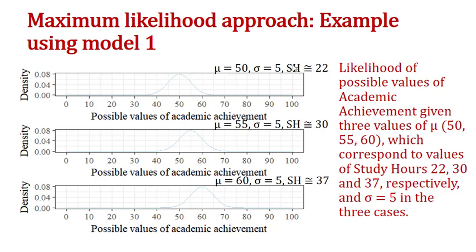So basically, based on the parameter estimation, the best values for parameters beta 0 and beta 1, a value of study hours 22 would give a prediction of academic achievement of 50. So if someone has 22, the prediction of the model is that the academic achievement would be 50.